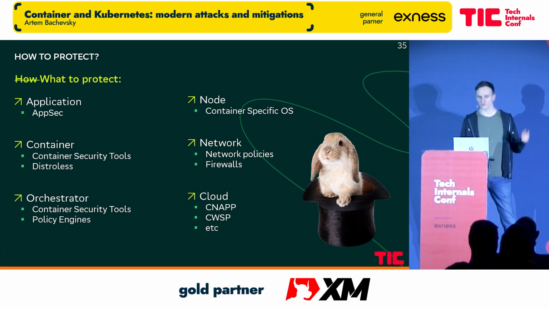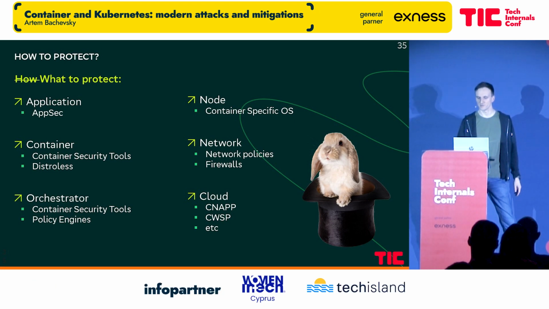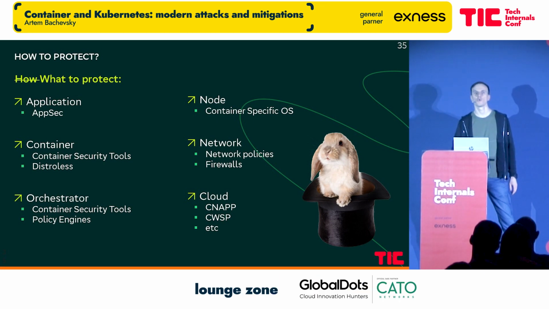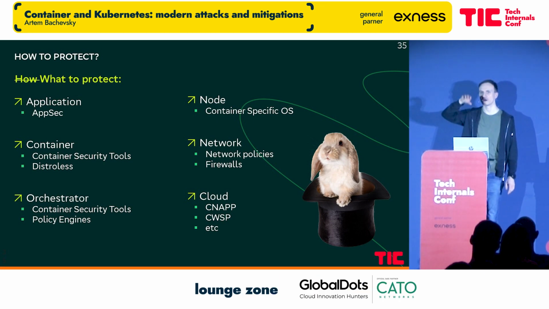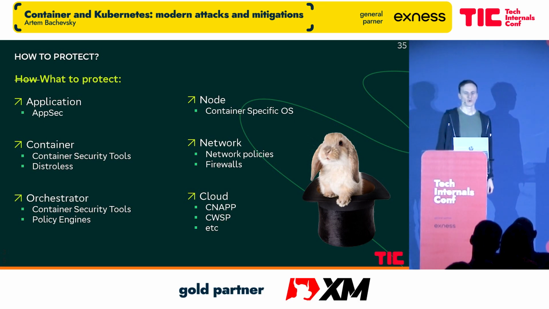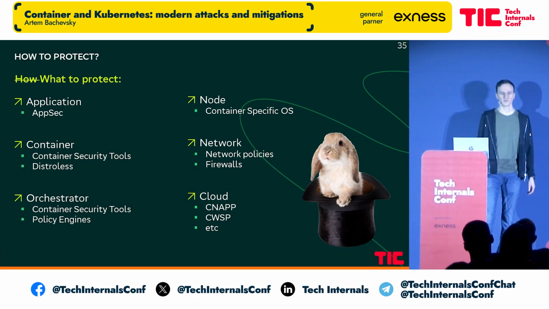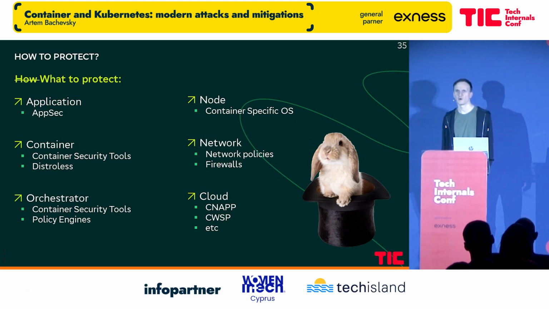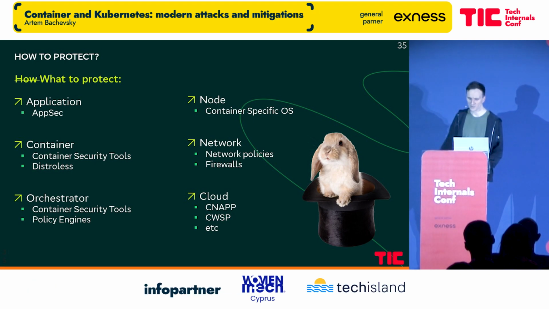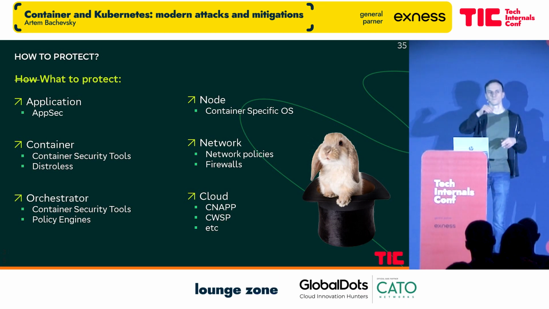And network policies, as we said, are a mechanism implemented by CNIs that allow or deny traffic between your pods. And if we are going to the cloud layer, there are also a lot of ways to attack. But common measures are to use, again, security tools like CNAPP or more specific ones, CWPP, CSPM. There are a lot of them, really. And CNAPP is a platform above them.